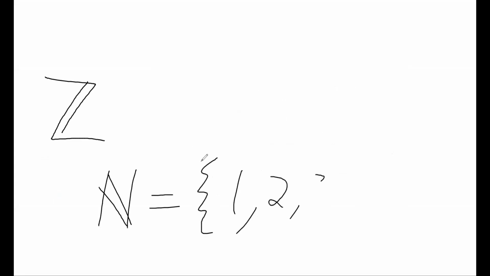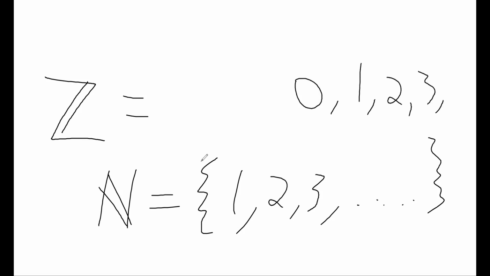Remember last time we said the natural numbers, the positive whole numbers, had their own sign. The integers also have their own sign, as well. That's me drawing with my finger, but we are doing it, we're getting it done.